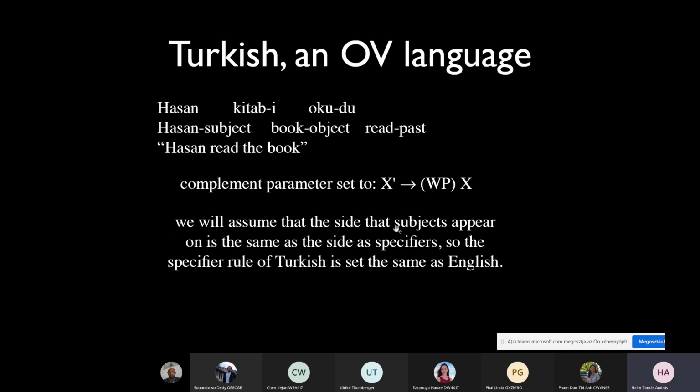Any questions or comments about this? My question, do you happen to know other languages which are OV, where the object precedes the verb?